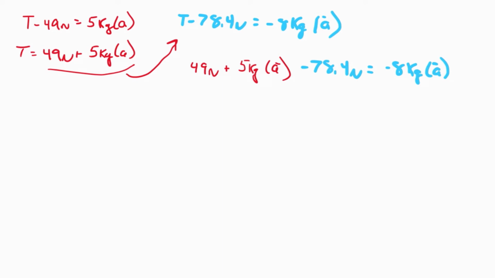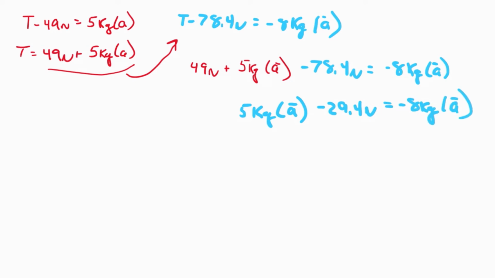All right, so here we go. I look at this problem. I need to solve for it, so it's going to be 49 minus 78.4. It's going to work out to be 5 kilograms times a minus 29.4 newtons equals negative 8 kilograms times a.